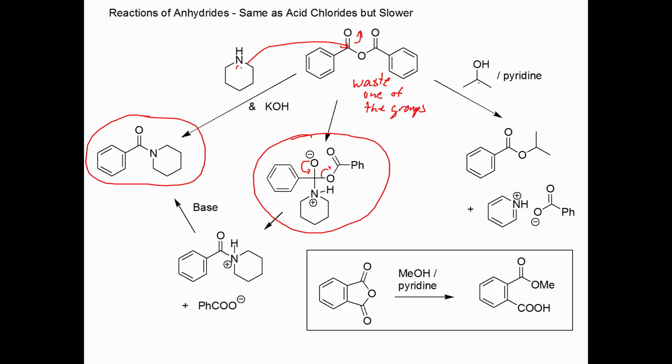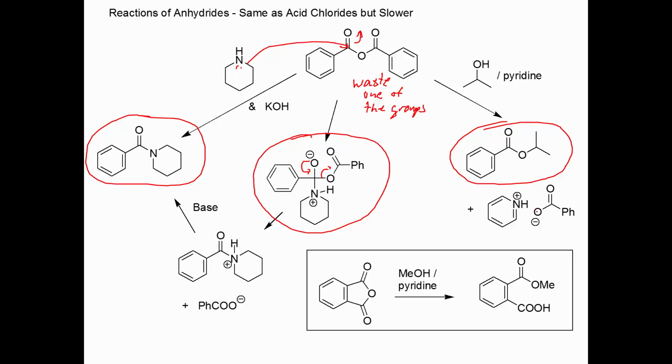Okay, we can take an alcohol and pyridine. This will produce the ester just like the acid chloride would, and instead of evolving pyridinium chloride, we evolve pyridinium, in this case benzoate.